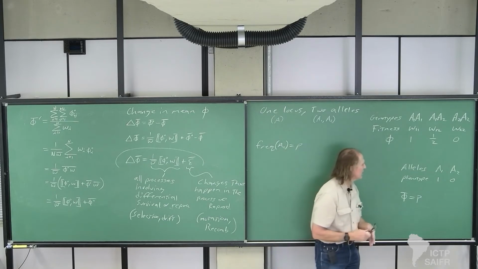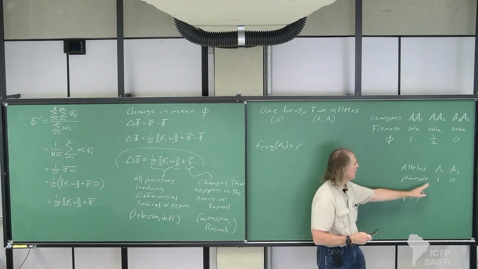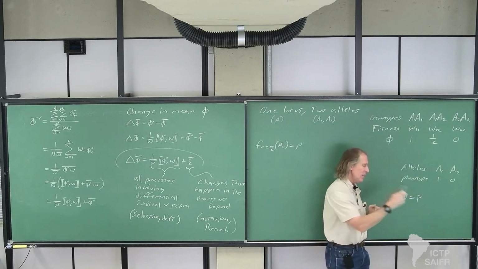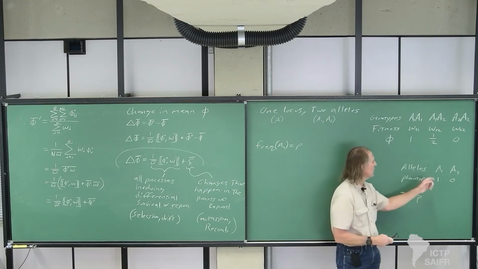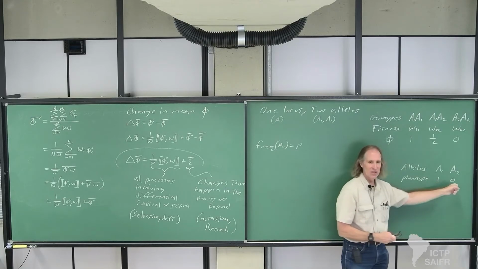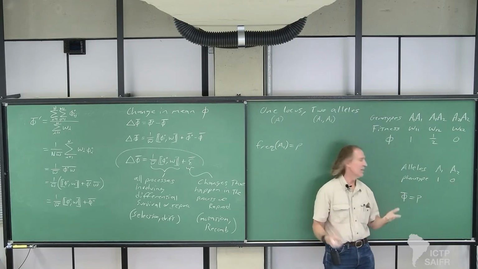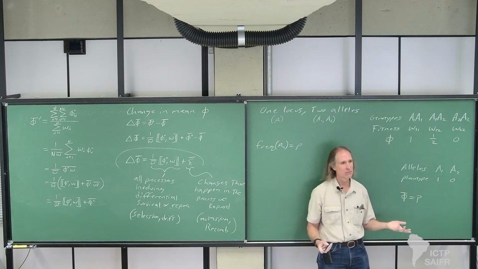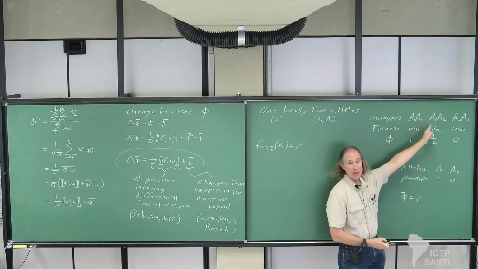It's easy to see it in this case, right? If we just look at individual gene copies and say, is it A1 or A2? And we count 1 if it's A1 and 0 if it's A2, the average of that is the frequency of A1. Okay? Turns out the same thing goes here.